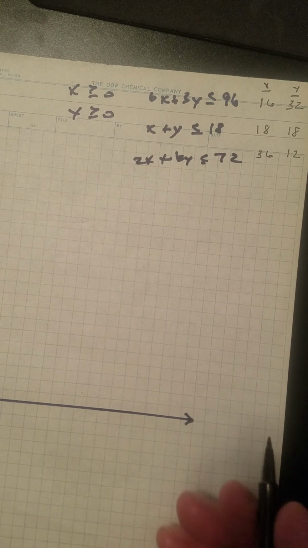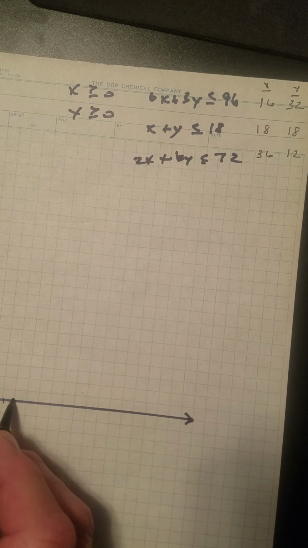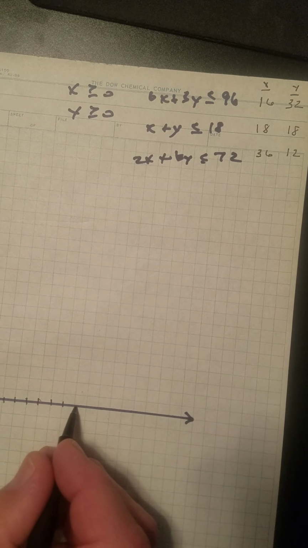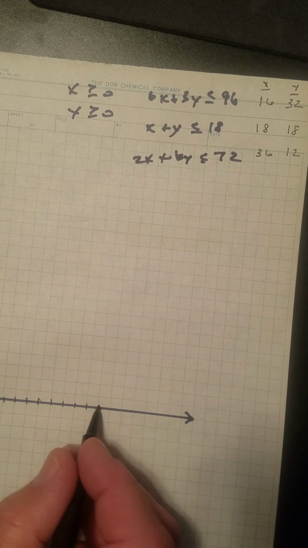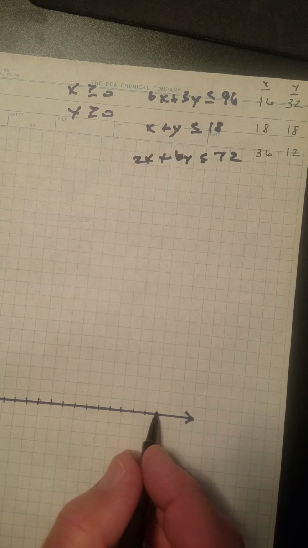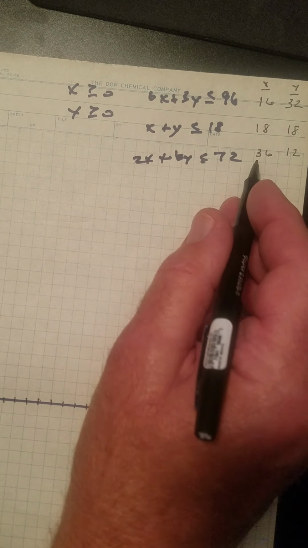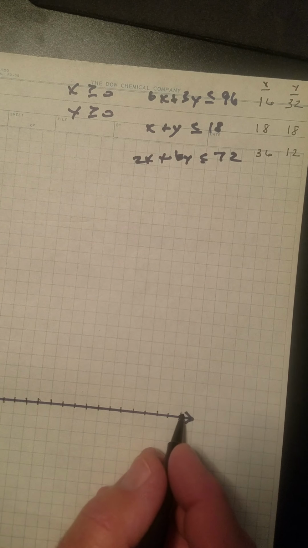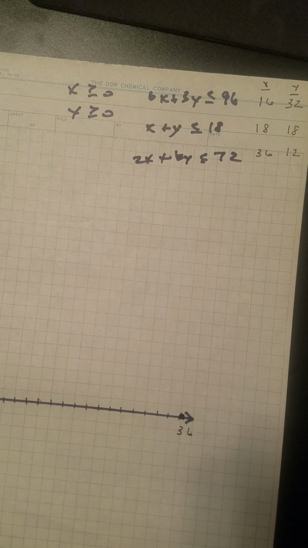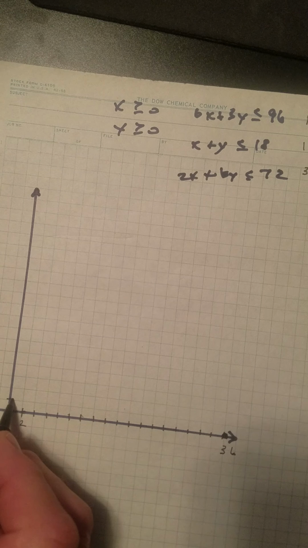So if I went by twos, 2, 4, 6, 8, 10, 12, 14, 16, 18, 20, 22, 24, 26, 28, 30, 32, 34, 36. I'm going to use that 36 here in a minute. We'll do the same thing going up. Each one of those is 2.